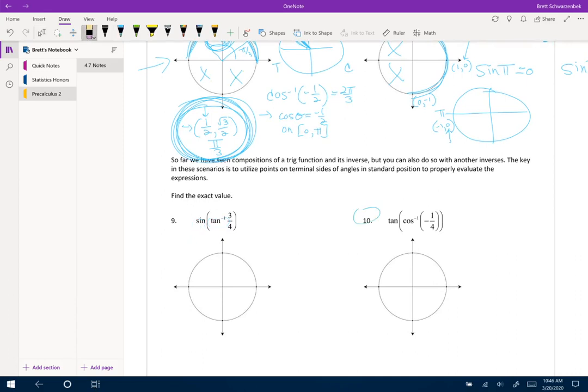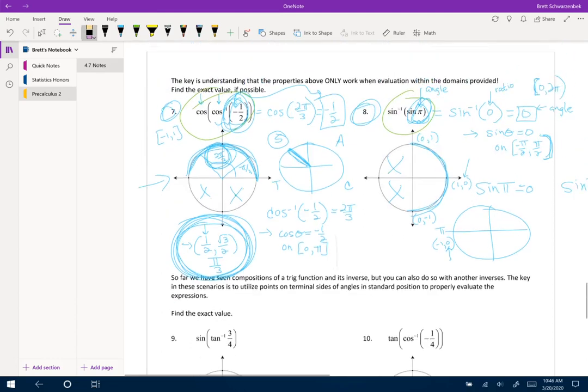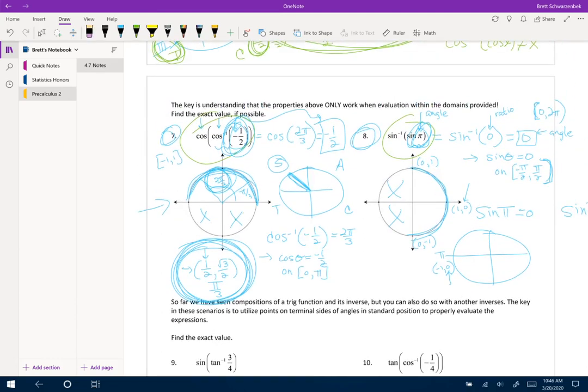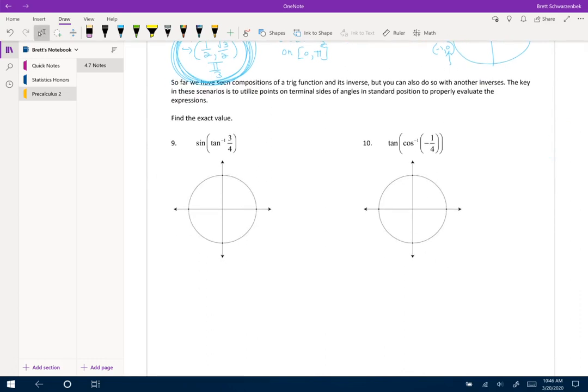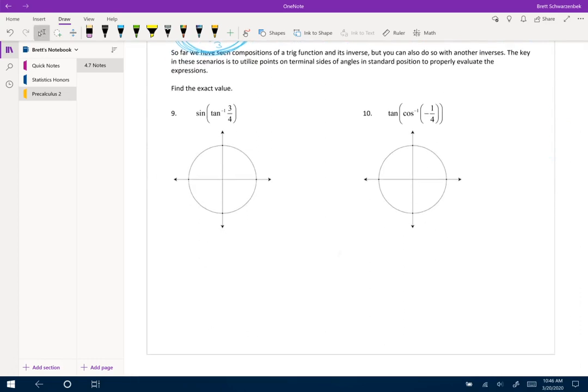What else? Well, in the problems that we did before, -1/2, pi, and 7 and 8, the ratios and or the angles are very familiar values, whereas here 3/4 and -1/4 are not. This is a good way to identify these types of problems in this setting.